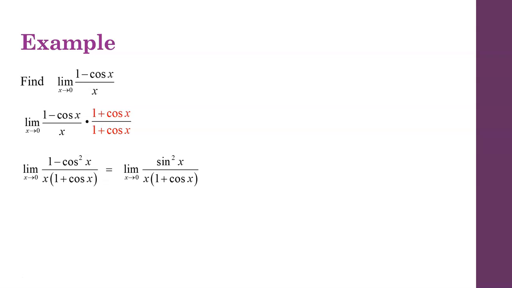And then I can take the fraction that I have and break it up into two fractions. I can take this sine squared of x and write it as sine of x times sine of x, and break up the denominator into x times 1 plus cosine of x. So I have sine of x over x multiplied by sine of x over 1 plus cosine of x.